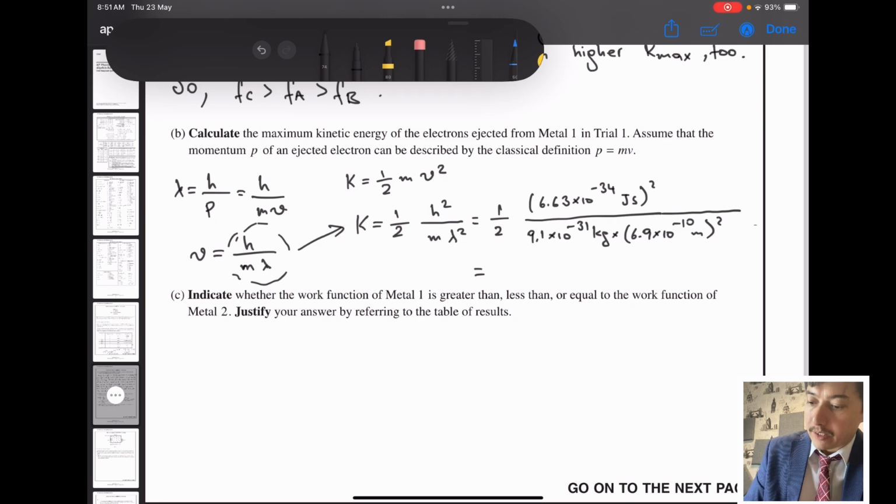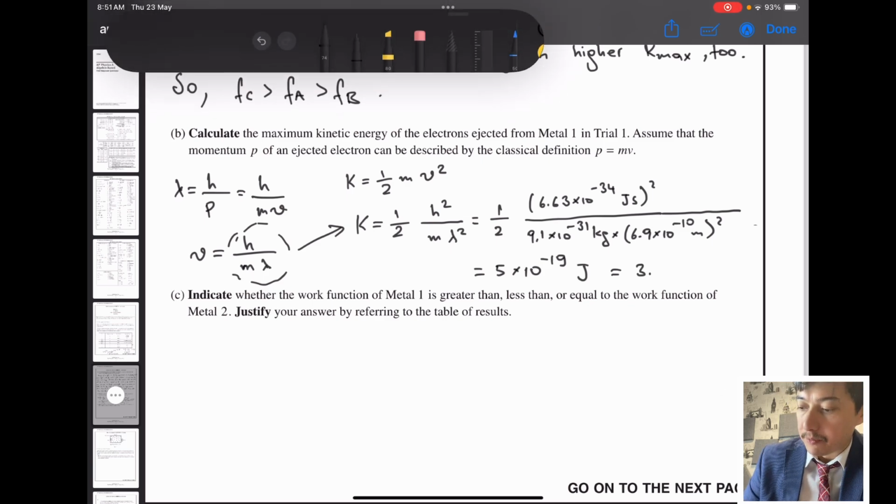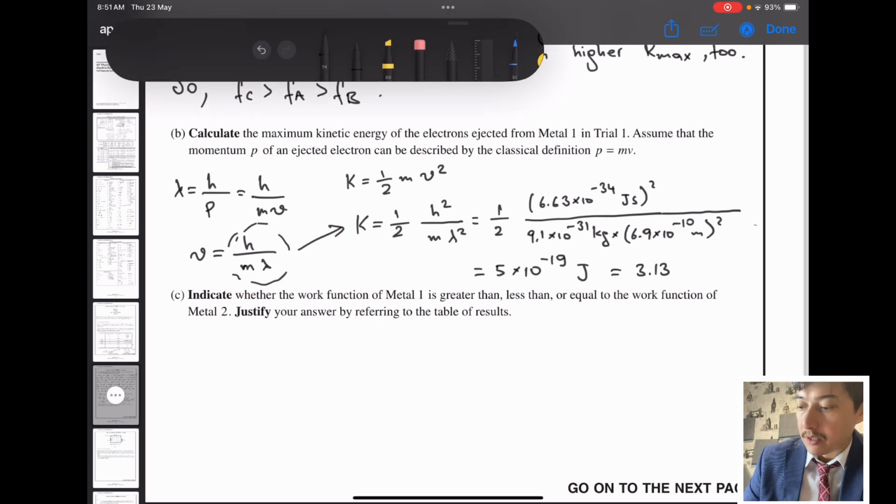I already did it, and it's equal to 5 times 10 to the power of negative 19 joules. All right, which you can convert to electron volt. You should divide by 1.6 times 10 to the power of negative 19, which gives you approximately 3.13 electron volt.